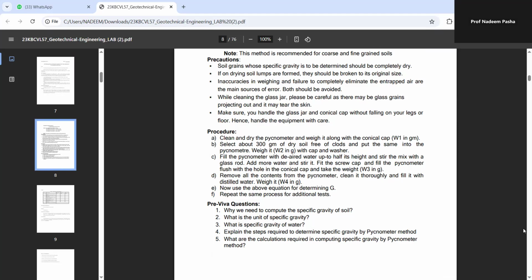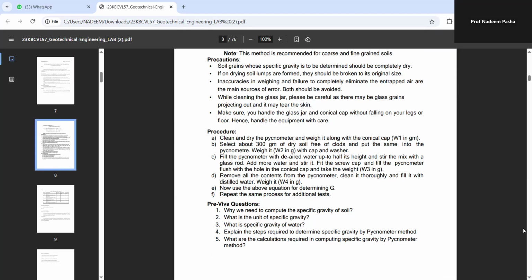Explain the steps required to determine specific gravity by pycnometer method. The steps we have just seen: first, you have to take the pycnometer, wash it carefully and dry it, and take its weight along with the cap, that will be W1. After that, you have to fill 300 grams of soil which is free from lumps and weigh it, that will be W2.